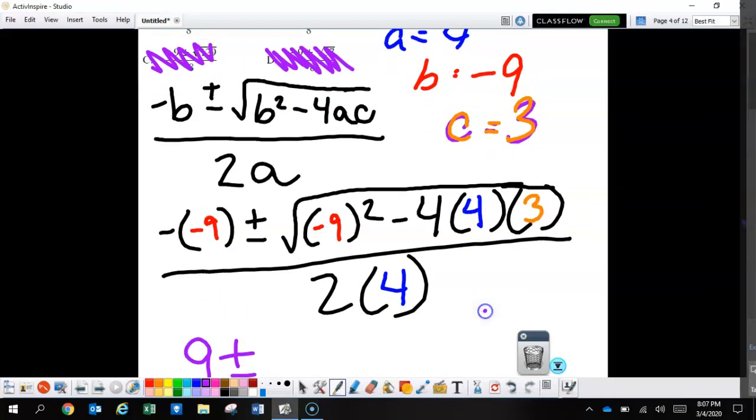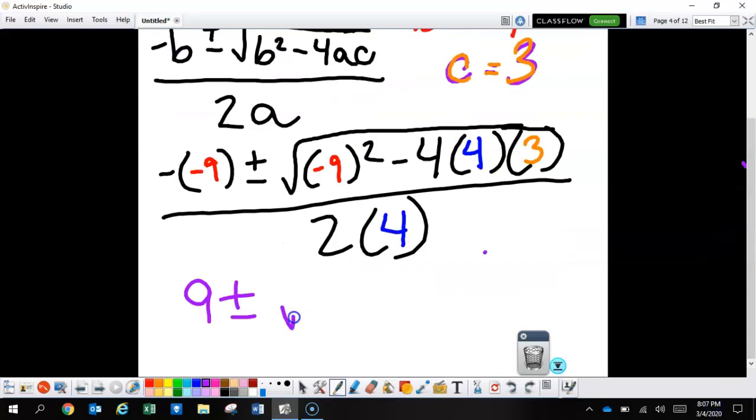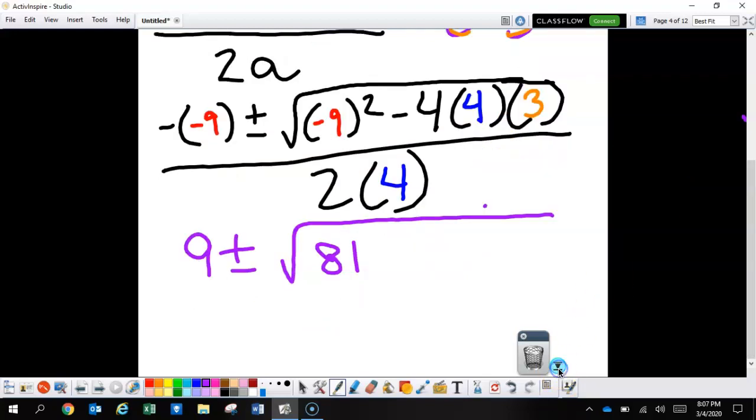Sorry, oops, negative 48. So negative 9 squared is 81. So that's negative 9 times negative 9. Then here I have negative 4 times 4. That's negative 16. So I can do this at the bottom if you want.